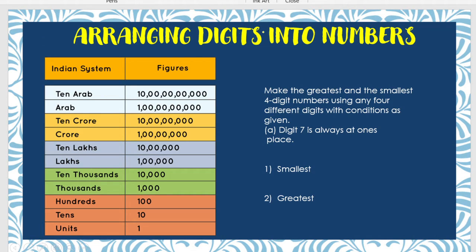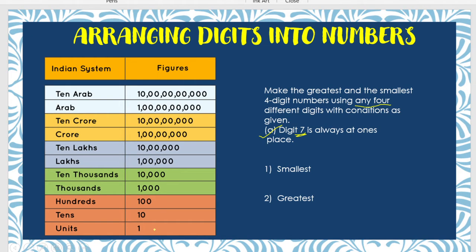Arranging digits into number. As we have done these things, now you can simply make numbers out of this. Make the greatest and the smallest 4-digit number using any 4 digits with condition as given. What is the condition? Digit 7 is always on the ones place.